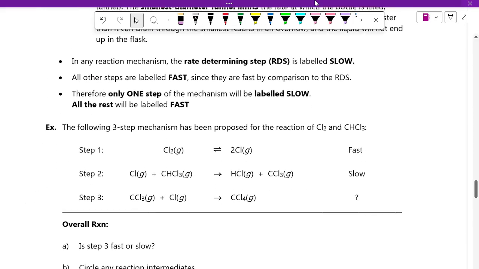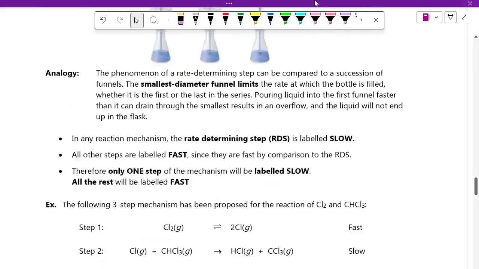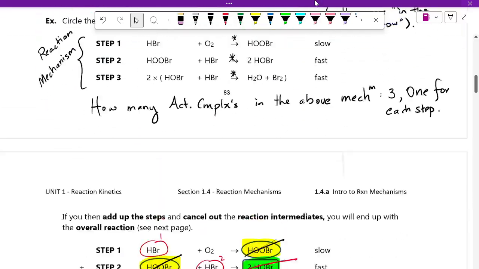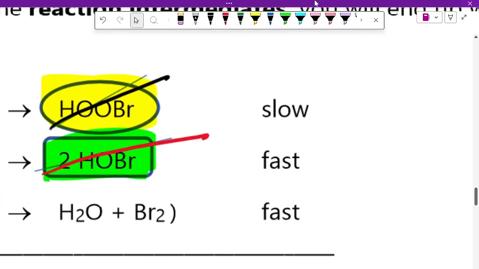Any reaction, actually, I'm just going to pop back to this one for a moment because it is labeled slow, fast, fast. Does it matter how much faster the 2 fast steps are? Does it matter if one is faster than the other? No. So we just label one of the steps slow and the others are just fast.